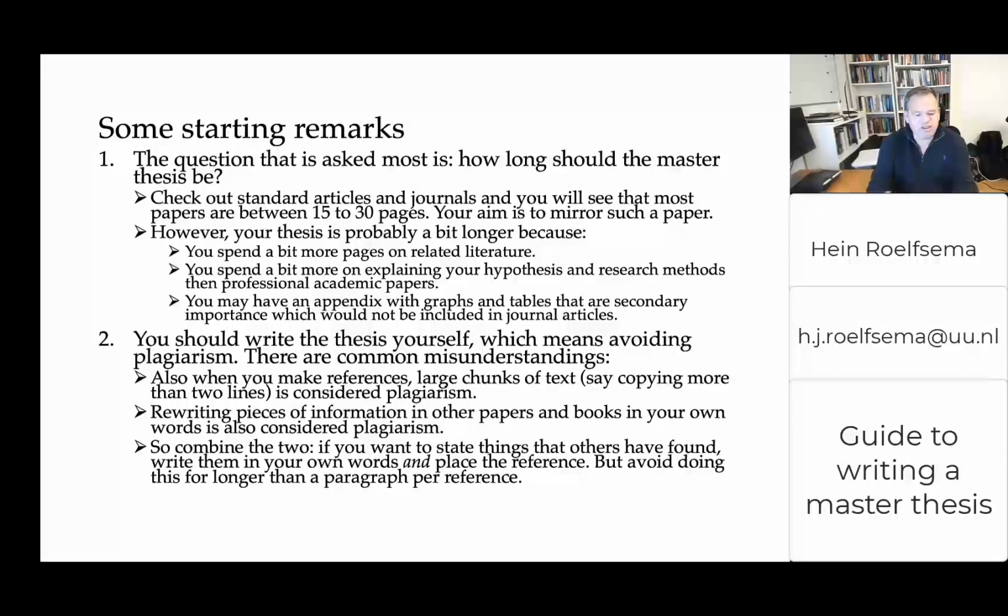So one thing that you should do a bit more in depth is the literature review. I think also that you should show that you master the process of generating a hypothesis, your research methods. Compared to a paper that is written for an audience that is quite accomplished in these research methods and probably also the related literature themselves, you might be a bit longer, more explanatory, to show that you understand what you're doing.